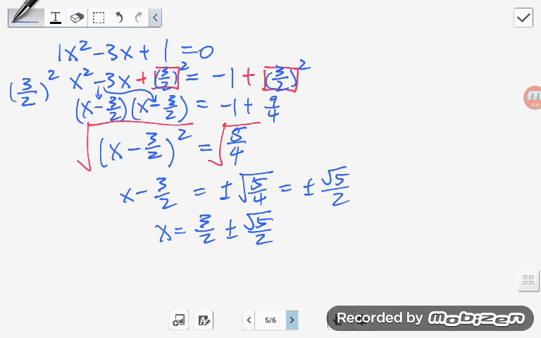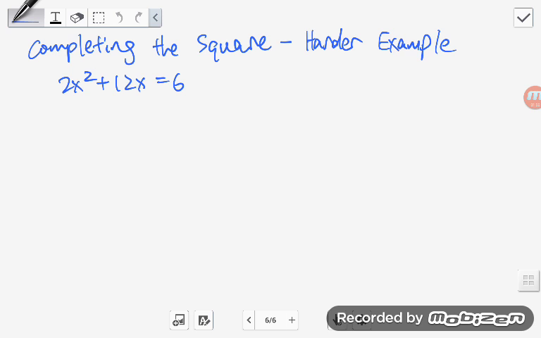Now, what do we do if we have something as shown here? My leading coefficient is not 1 anymore, right? So what do we do? This is one of the possible ways, but if you want to challenge yourself, you can do this. You can divide everything by 2. Why not?